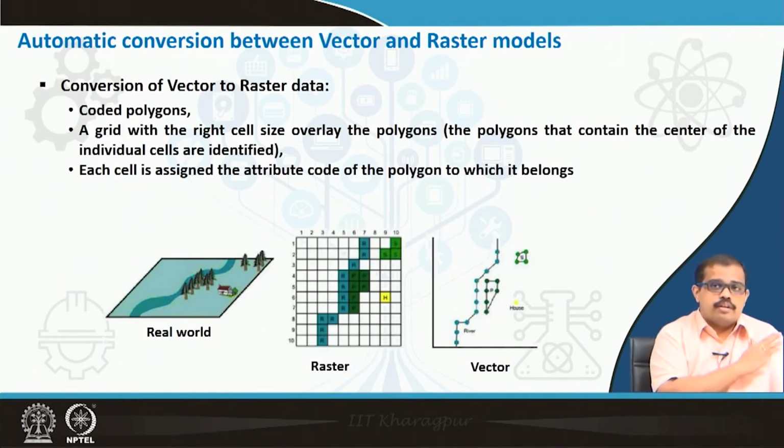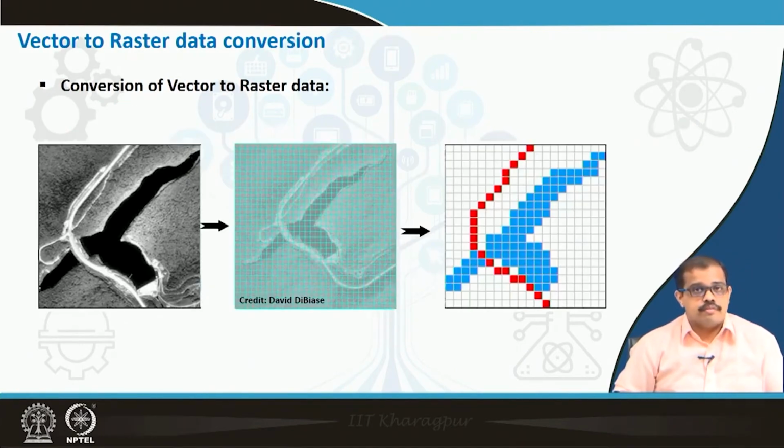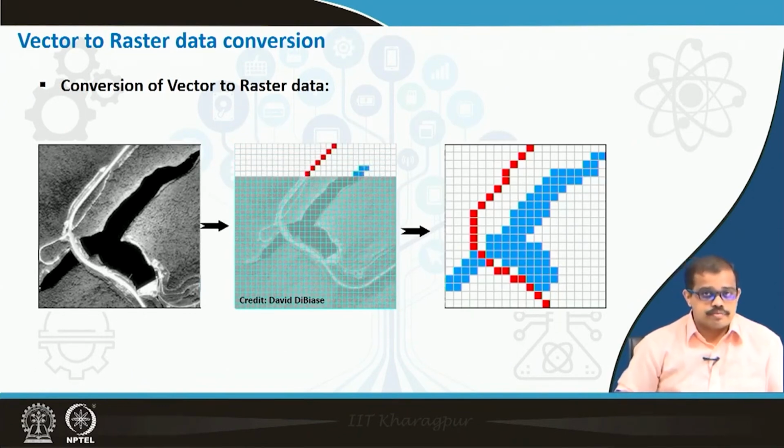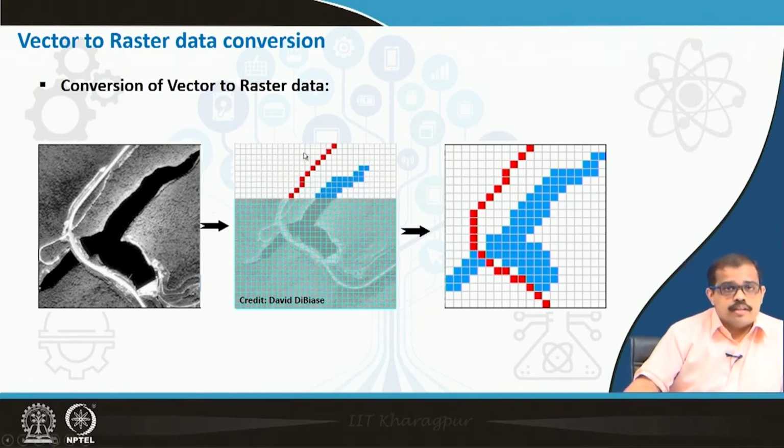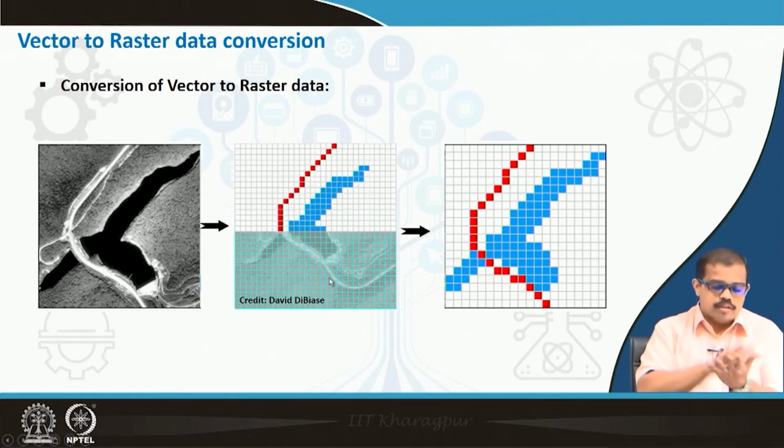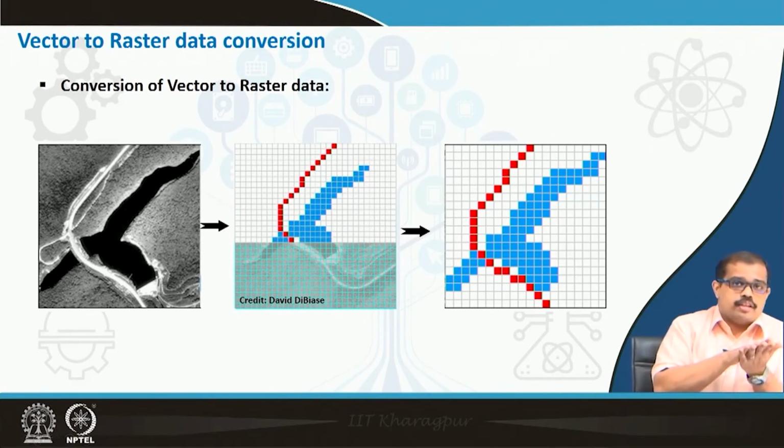For example, first you have converted it to boundaries. Once you have converted it to a boundary, then you convert it to a polygon. Fine. So, to show you how you convert vector data to raster data, for example, if it is something like this. Okay. So, this is a vector data. If you remember, this was a vector data, and this was a line. Now, you overlay that as a grid.